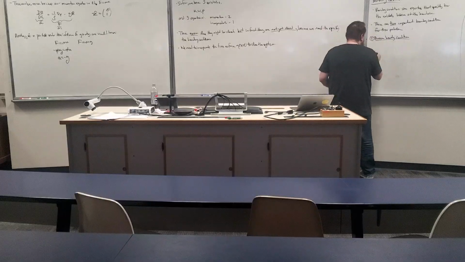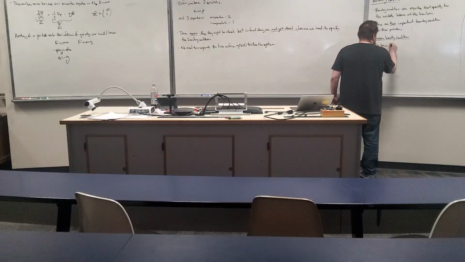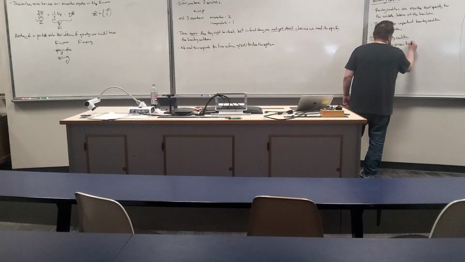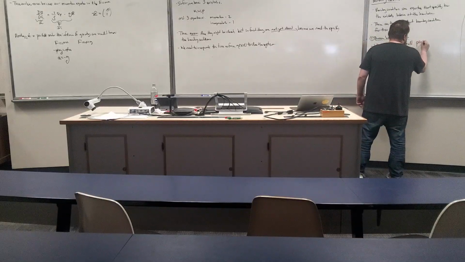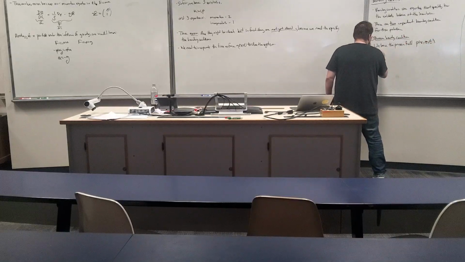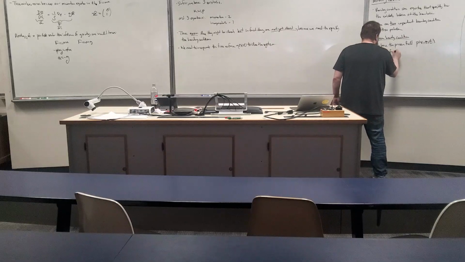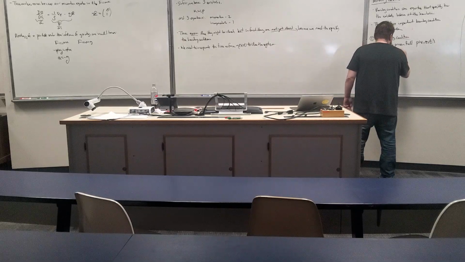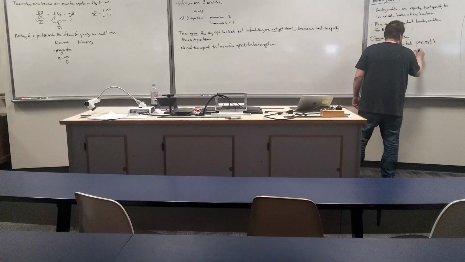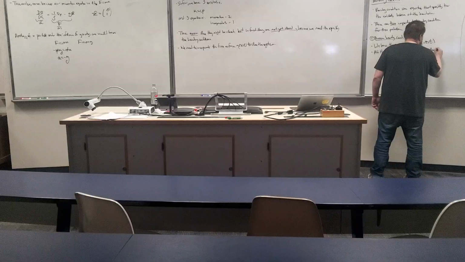This one's pretty simple. So we have the pressure field P of x and z at time t. And at the surface, the pressure must equal the atmospheric pressure.